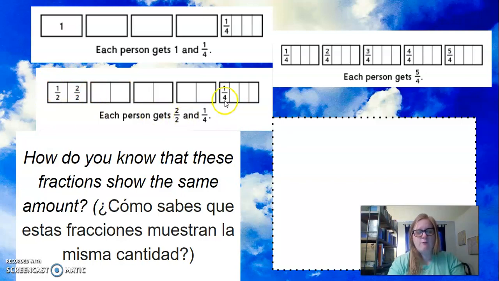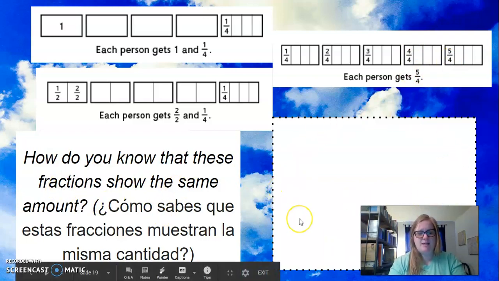And then I get another 1/4. So I get 1 and 1/4. Then this one is the same. I get 1 and 1/4. And then when I add up all of these, I get 1, 2, 3, 4. So once I get 4/4, I know I get a whole, right? And then I get an extra 1/4. So how do I know that these fractions show the same amount? And put your answer right here.